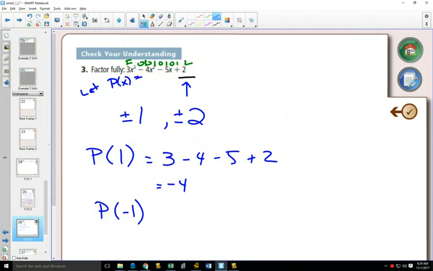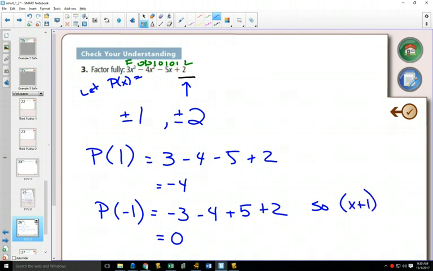So now if I plug in negative 1, negative 1 cubed will be negative 1 times 3 is negative 3, minus 4, plus 5, plus 2. Yes. And as soon as you get a remainder of 0, a minus 1 there means that x plus 1 is a factor.